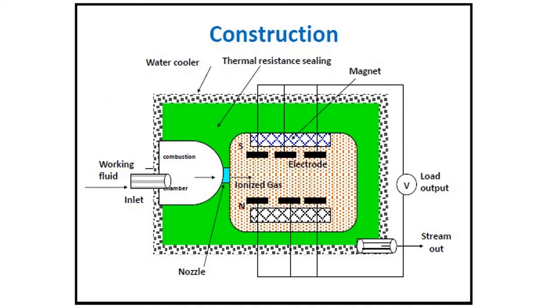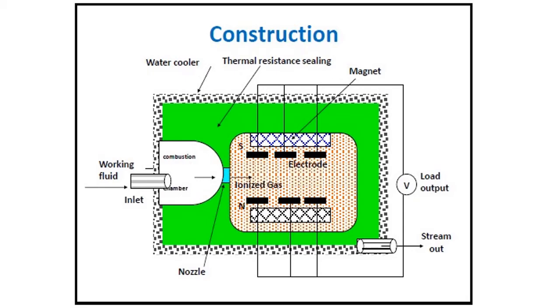So this is the construction of an MHD generator. Here you can see the working fluid which is passing through the combustion chamber. The working fluid is getting ionized using an alkali metal like cesium or potassium, and the ionized gas is then passed through the nozzle.